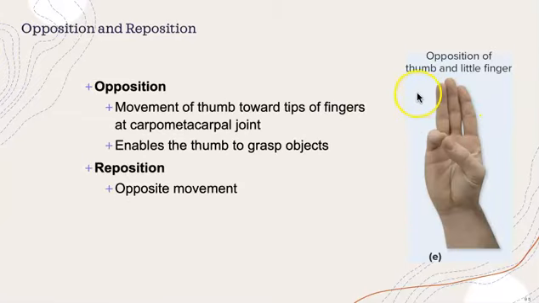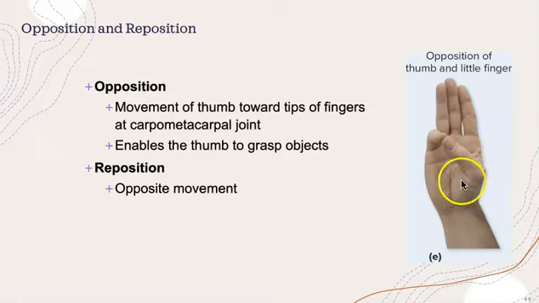Lastly, we want to talk about the fingers here and our ability to oppose our thumb. So what that means is we are able to take our thumb and bring it over to our other fingers. So we can bring it over to the little finger at our carpometacarpal joint.